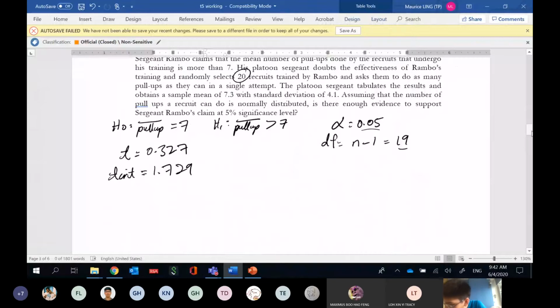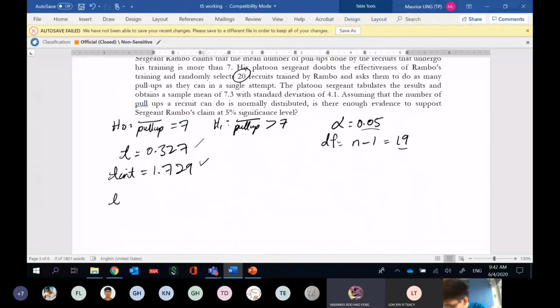Okay, then your conclusion: do you accept or reject the null hypothesis? Look at these two values. T is more than the T critical. Is it more than or not? No, it's not. It's less than.